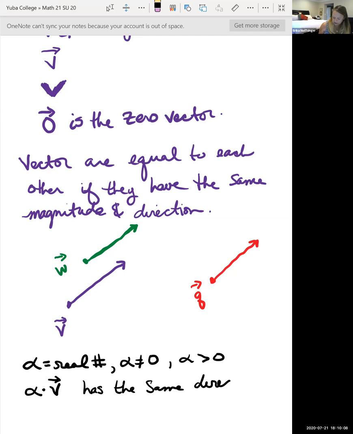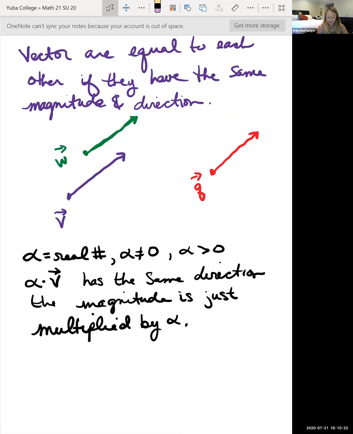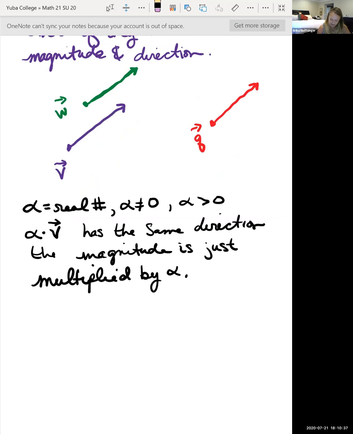The magnitude is just multiplied by alpha. Okay, so again, magnitude is the length. And so let's talk about how to get that length.